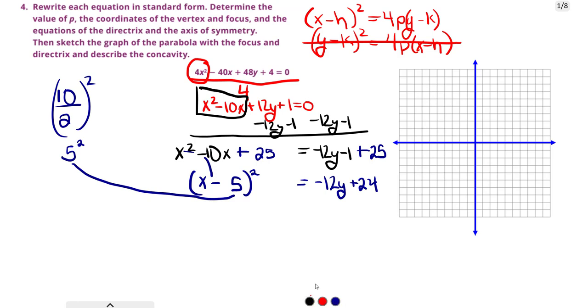So now on the right-hand side, I need to factor that out. I need to have it to where it's just a y as the first thing in the parenthesis. So whatever's in front of my y has to be divided out of both of them. So negative 12, we divide it from negative 12y and we come up with just y. Divide it from 24 and we get negative 2.